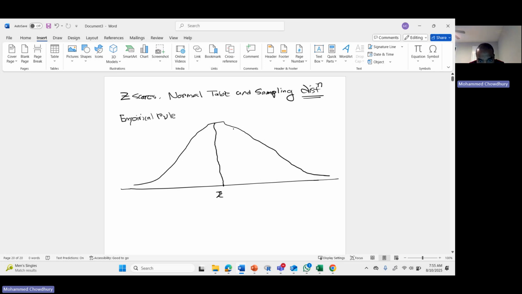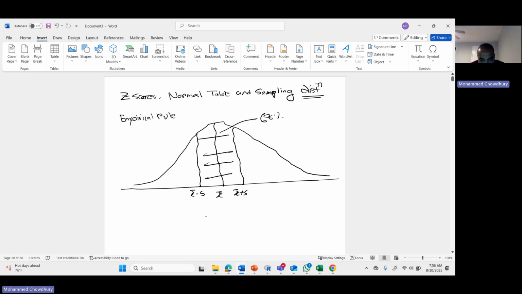Within one standard deviation from the mean, x bar plus s, x bar minus s, in this part, 68% of the frequency falls.